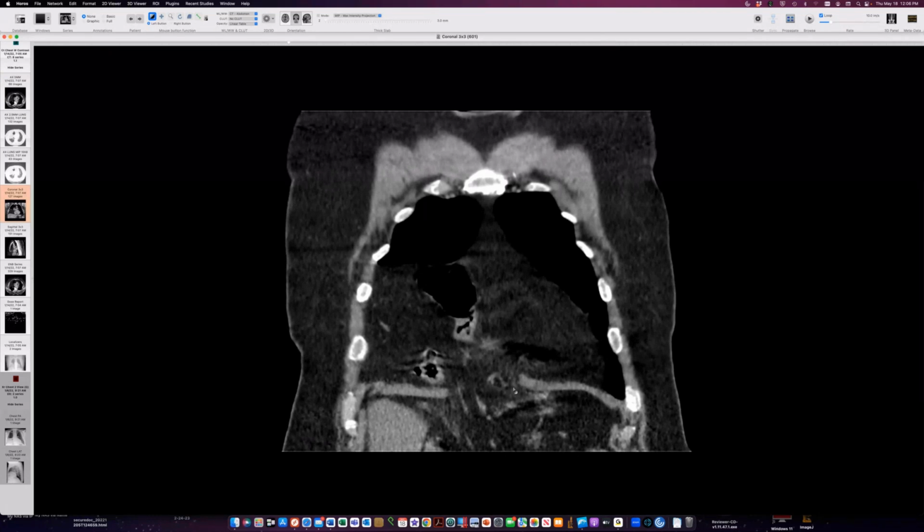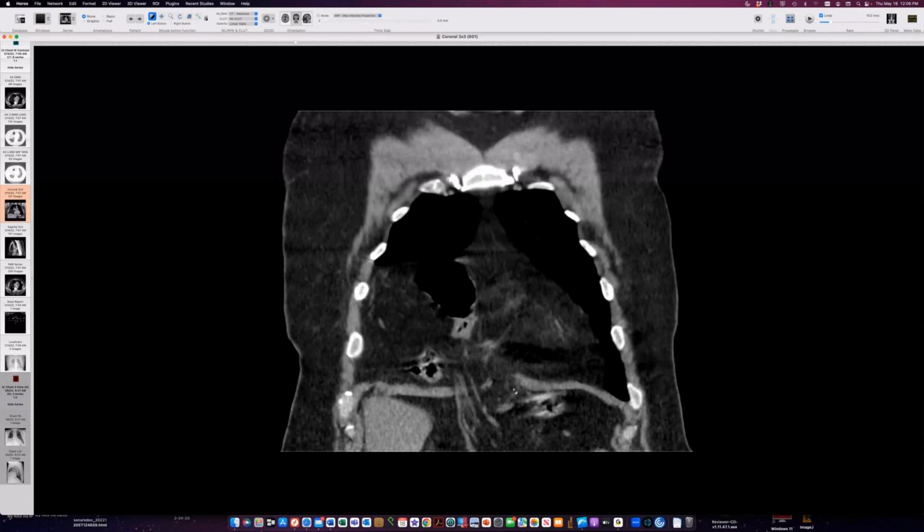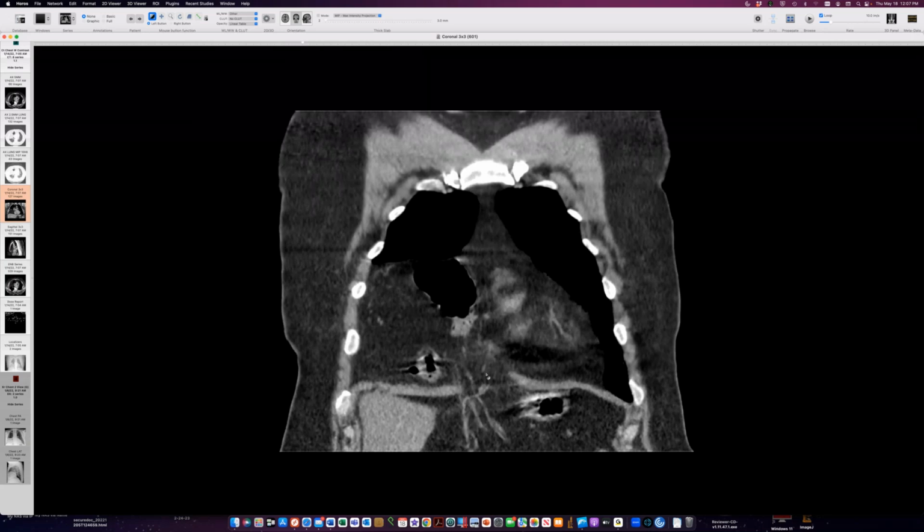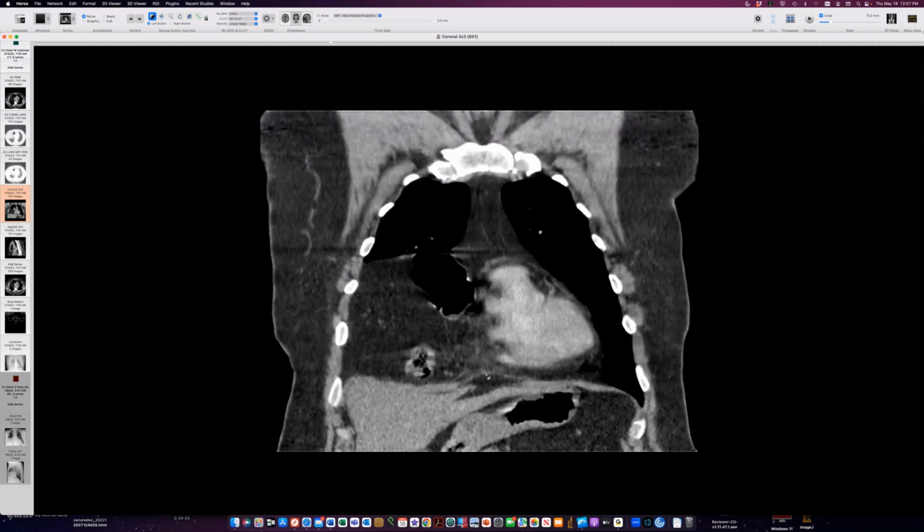So it's not predominantly a right-sided gap for these Morgagni hernias. But when the omental fat, which is the main constituent usually of a Morgagni hernia, it tends to go off to the right. And I think it's because the heart is held up against the anterior chest wall and sort of blocks the hernia from extending off to the left. Instead, it goes to the right, which is the path of least resistance, even though the defect is fairly medial, pretty well centered. You can see these nice vessels streaming into it.